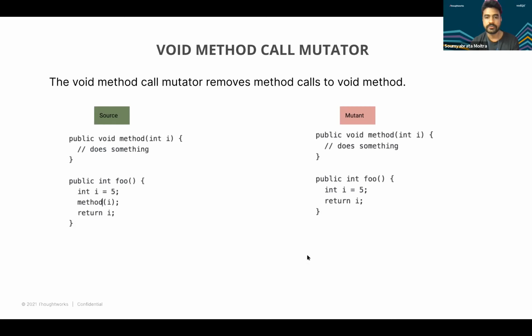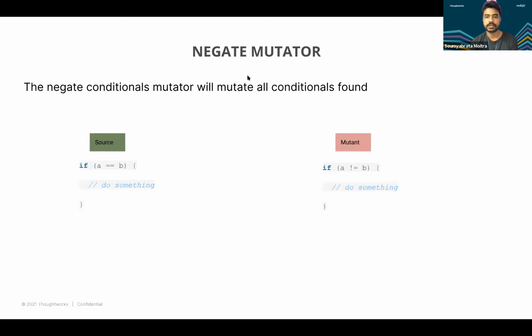So let's move to the next mutator, which is the negate mutator. Again, it's a straightforward mutator. If you have something like a equals b, that will be mutated to a not equals b. So this condition will be reversed, and vice versa. If you had not equals b, it would be mutated to equals.